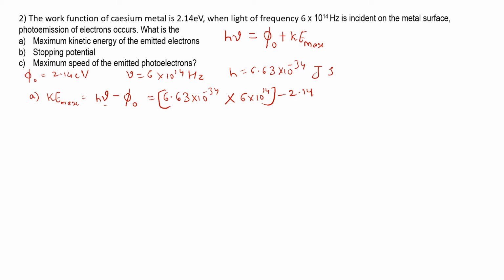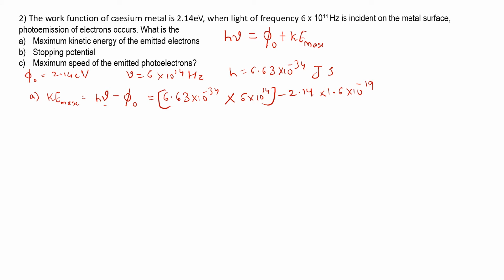The work function is 2.14 electron volt. This 2.14 electron volt we have to first convert into joule, by multiplying by 1.6 into 10 raised to minus 19 joule.